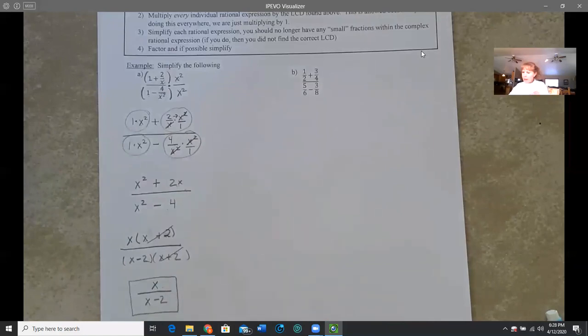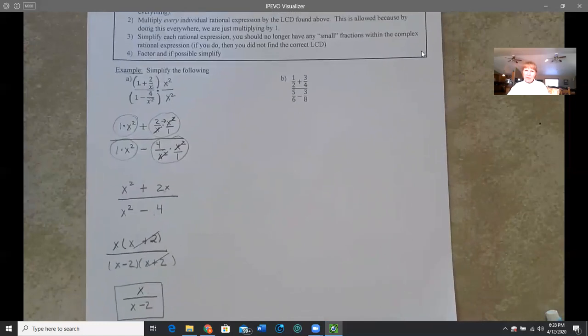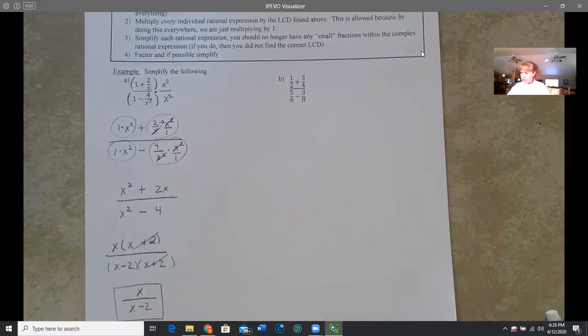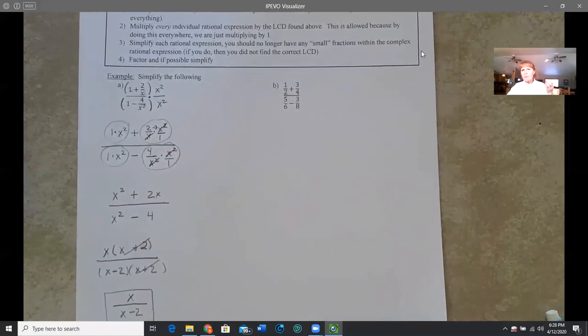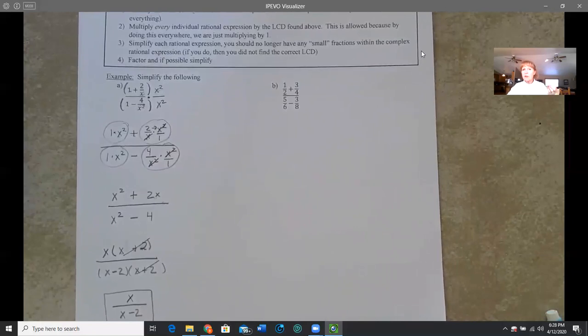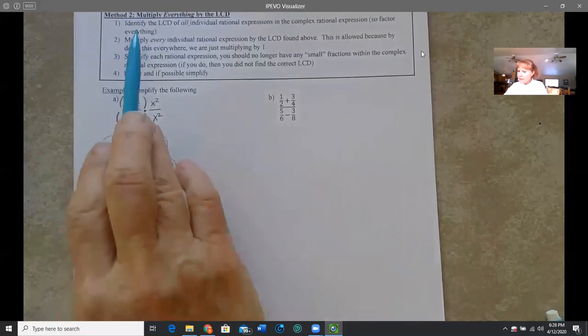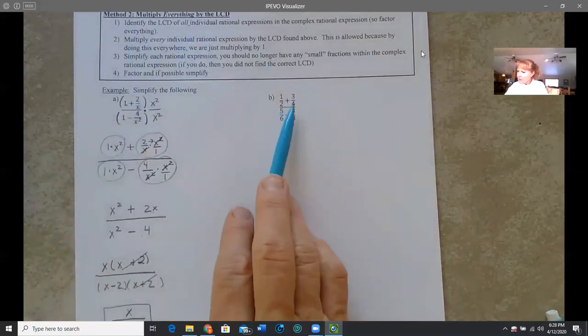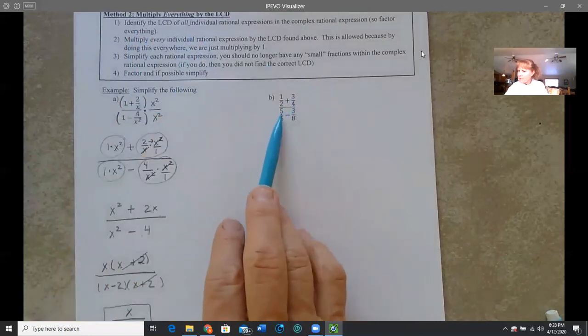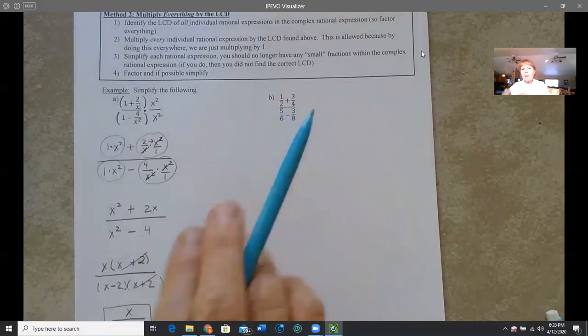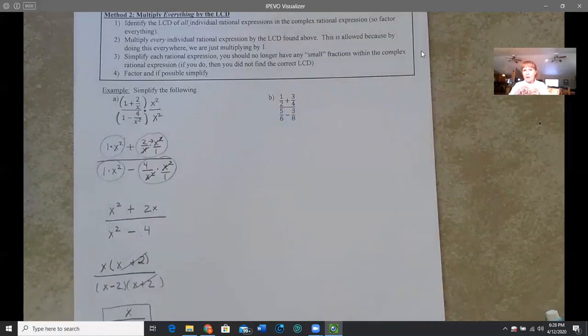All right, let's try another one. Maybe without some algebra. Again, on this one right here, the calculator would reduce it for you. But we're going to go ahead and practice method 2. So we're going to find the least common denominator, and then we're going to multiply every term by that least common denominator.